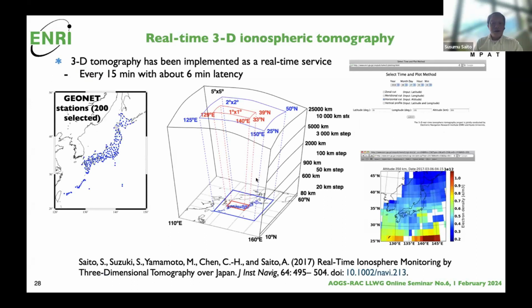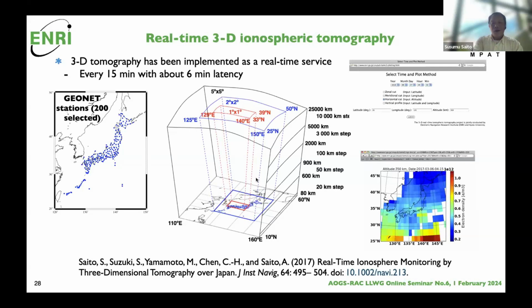The center part is the tomography inversion volume. The finest resolution in latitude and longitude is 1 degree, and the height resolution is 20 kilometers in the main part of the ionosphere.